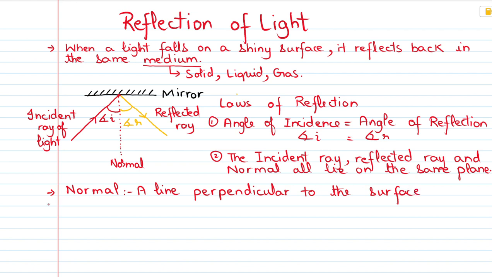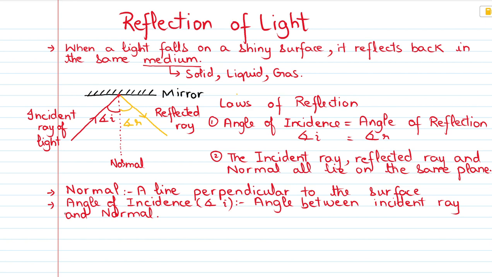Now, what is angle of incidence? So, angle of incidence is actually the angle between the incident ray and the normal line.